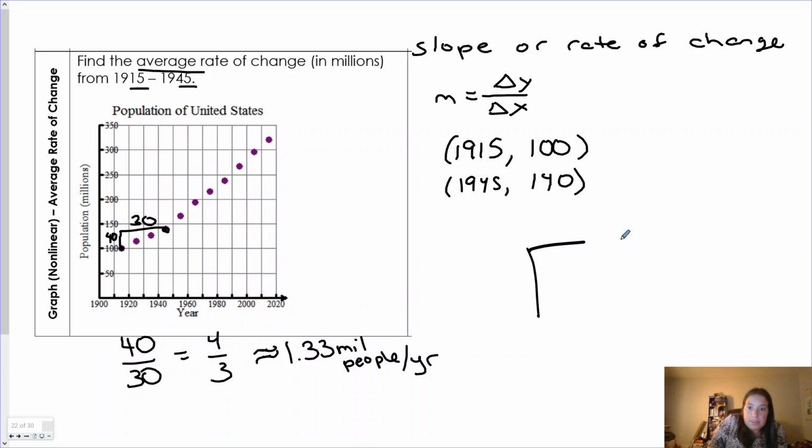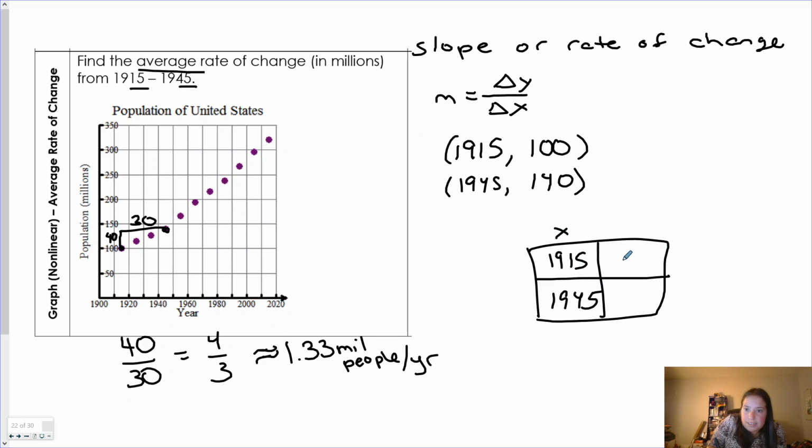Once again, you can do the same thing by using these points: 1915 to 1945 under x, 100 to 140 in y, will still get you a 40 divided by 30. Now make sure when things are real world that you consider that real world context.